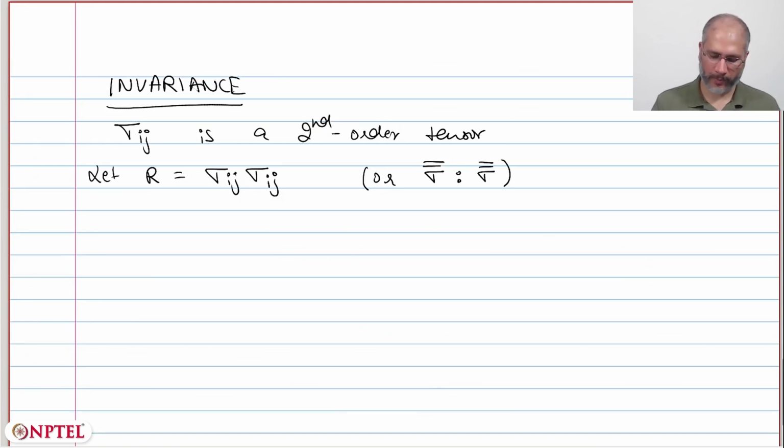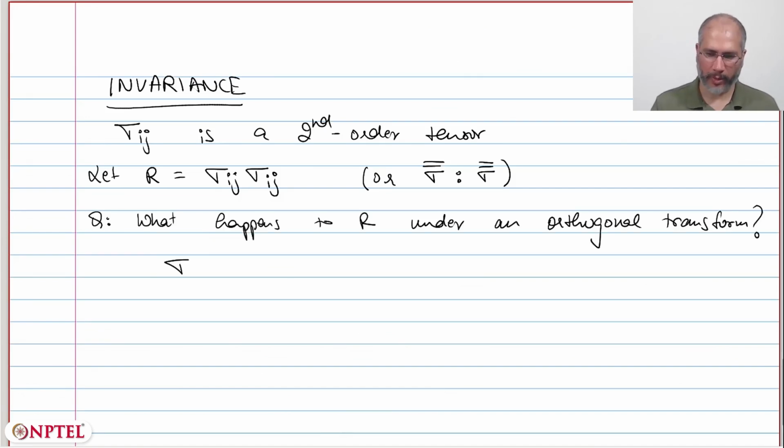So the question is, what happens to R under some orthogonal transformation? Now we know that sigma, when you apply an orthogonal transformation, which is quantified using a transformation matrix A, will become sigma prime. And in most cases, the 9 components of sigma prime will be different from sigma, and they'll depend on sigma, of course, and also the transformation that we have applied, that is A. So it depends on the amount of rotation from the base to the primed coordinate axes.